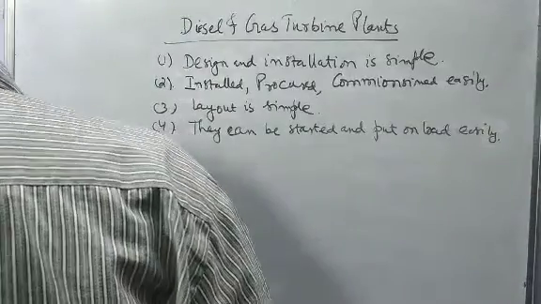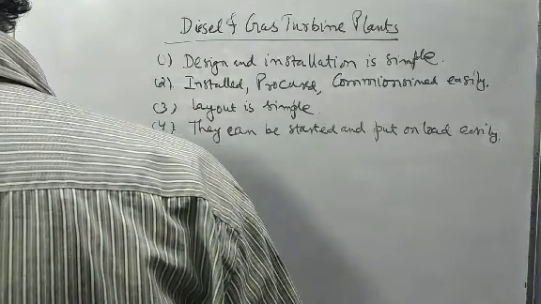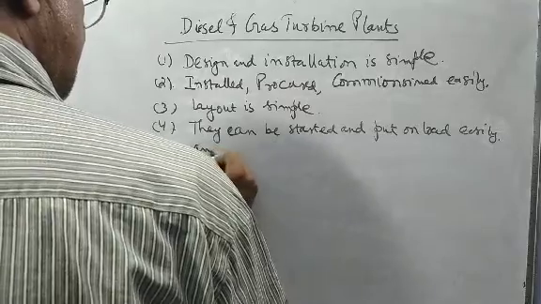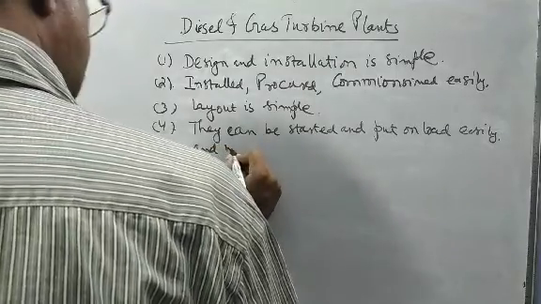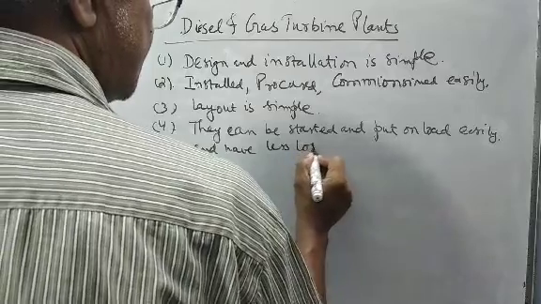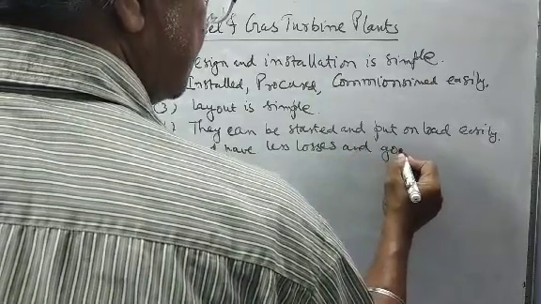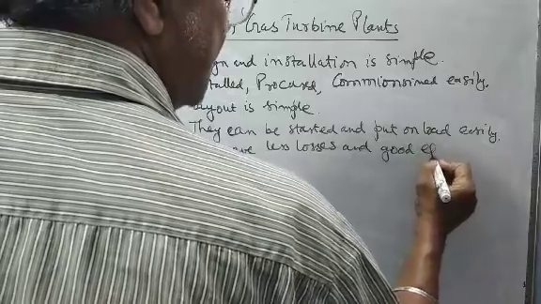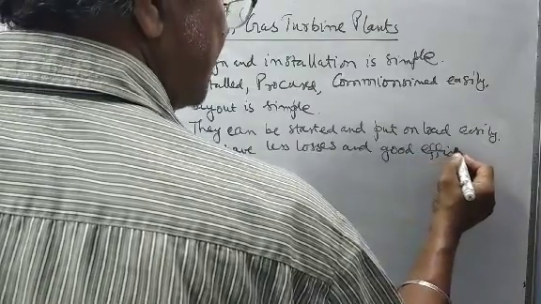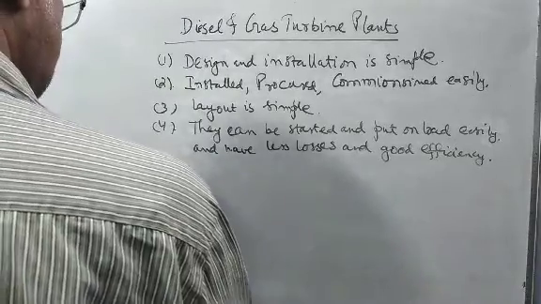Number 4, they have less losses and good efficiency. Obviously, loss is less means efficiency is high.